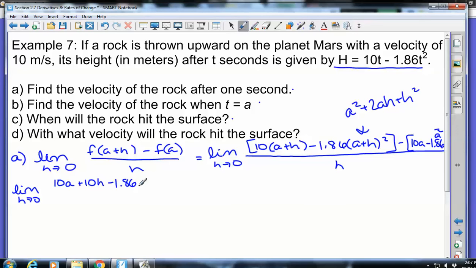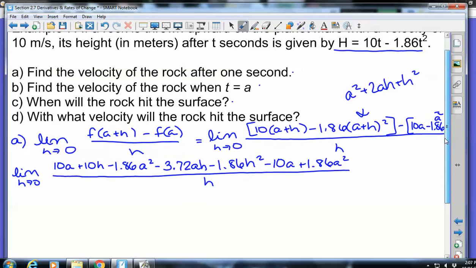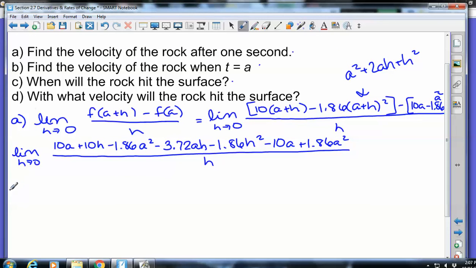So then I'm going to run my negative 1.86 through that. Okay, this one I need to distribute my negative, so I get minus 10a plus 1.86a squared, all over h.